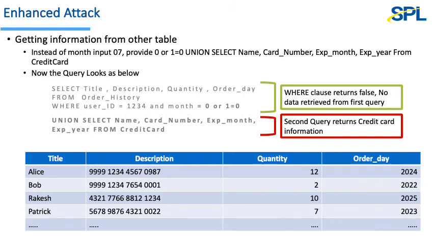When this query is executed, the credit card information is displayed for all the stored credit cards. The name, credit card number as description, expiry month as quantity, and expiry year as order day are displayed. Apart from the details required for competitive analysis of the customers earlier, now the attacker has credit card details of all the customers.